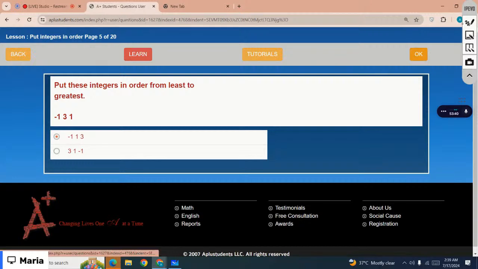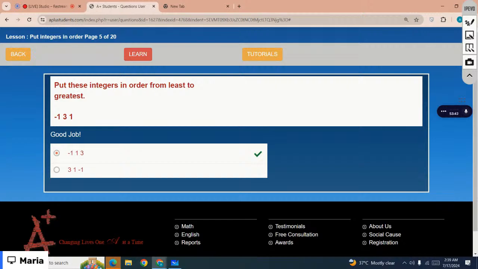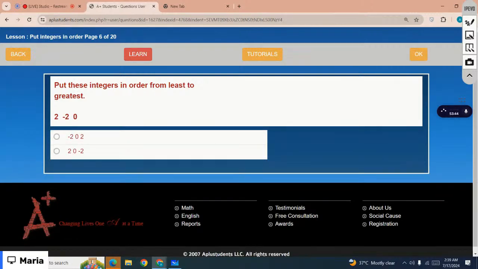That's -1, 1, and 3. Put these integers in order from least to greatest.